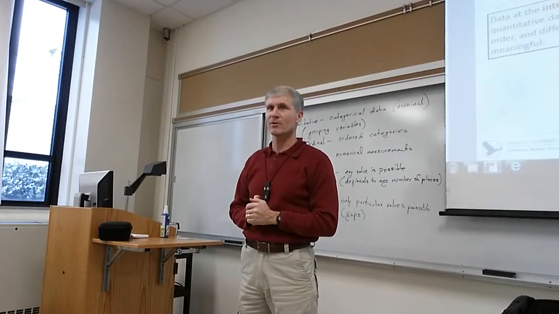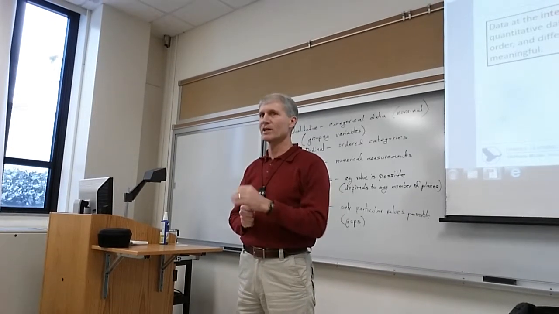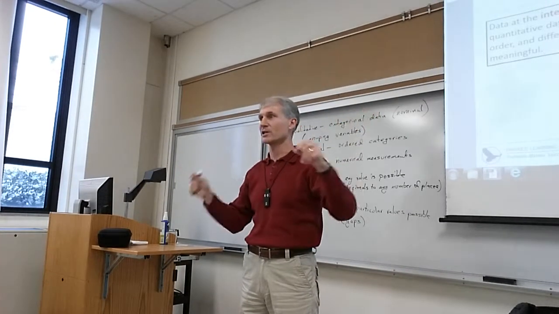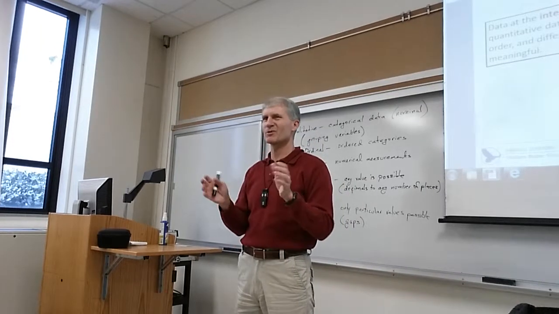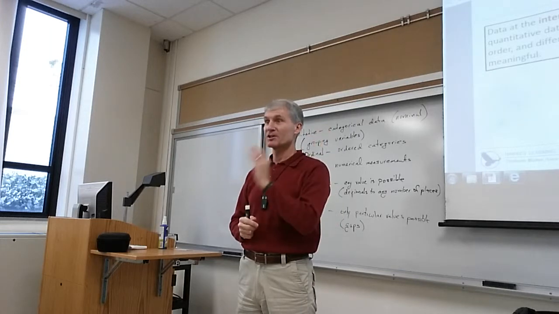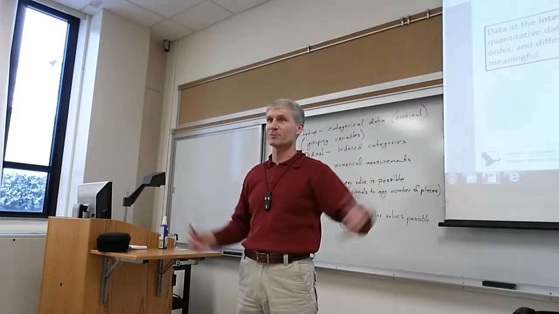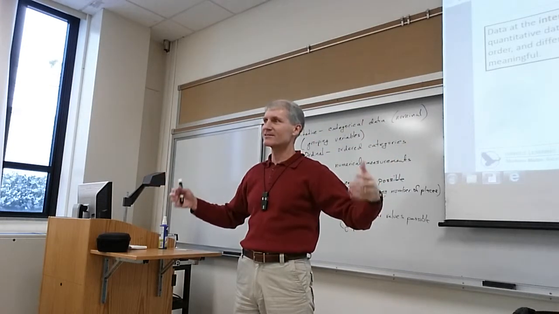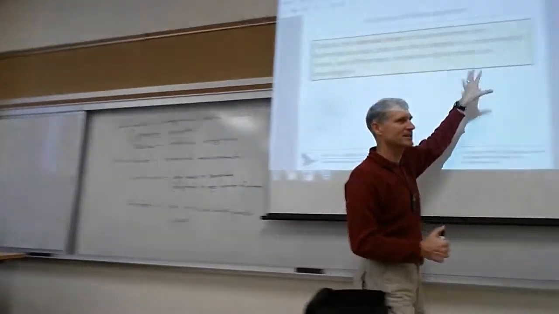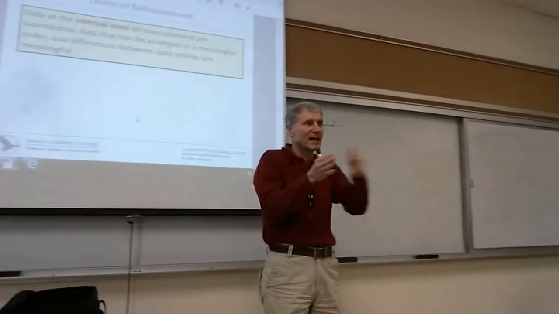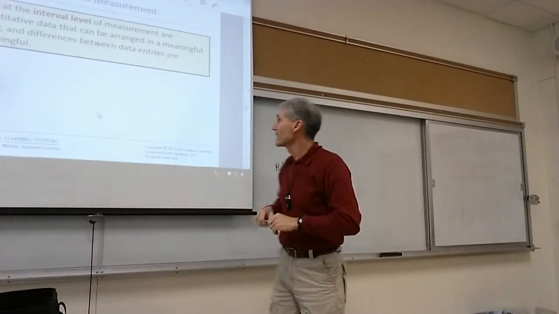And somebody else said they were in poor health, so I put a 1 in there. And the difference, 5 minus 1, is 4. Does that make sense? No, because those numbers are arbitrary. If I'd have used 10, 20, 30, 40, 50, the difference would have been 40 instead of 4.